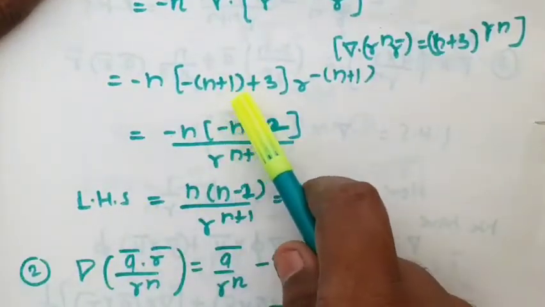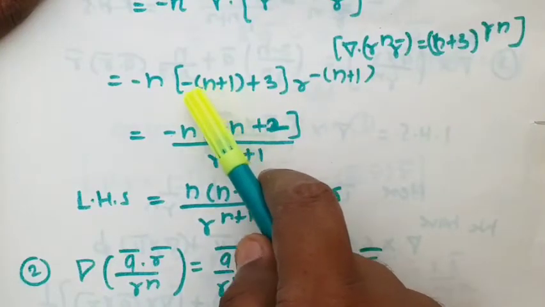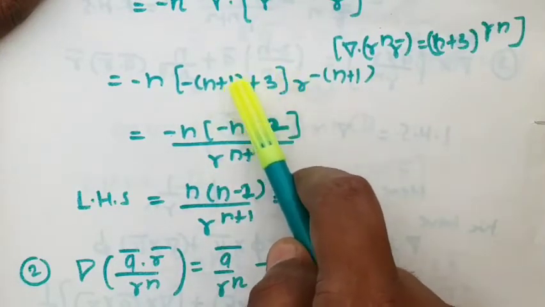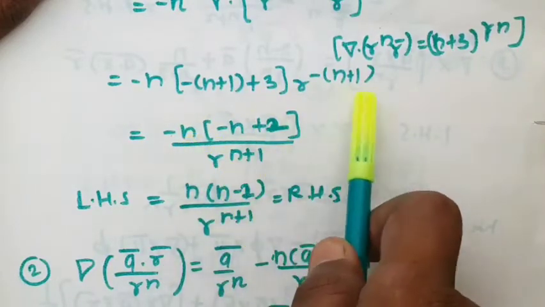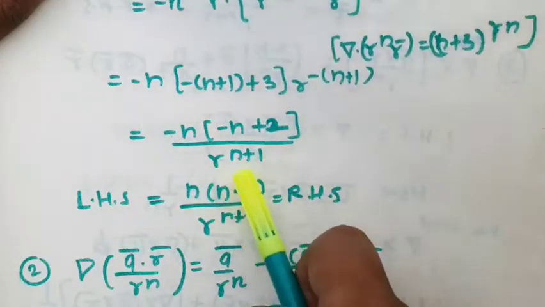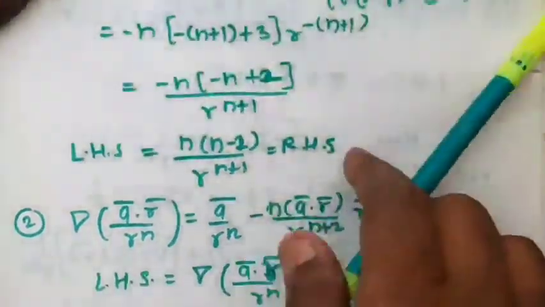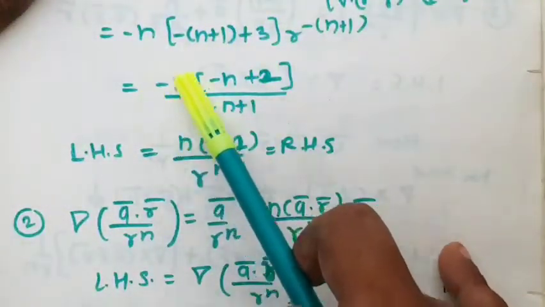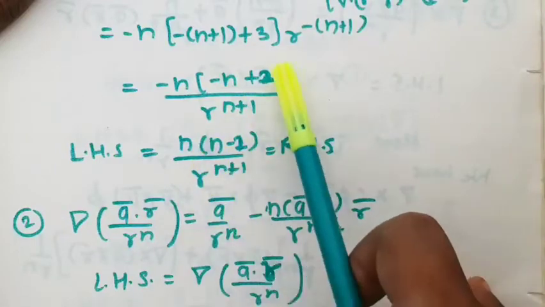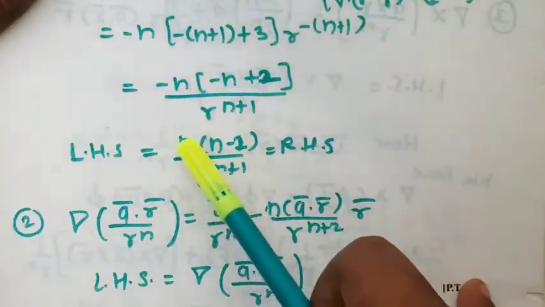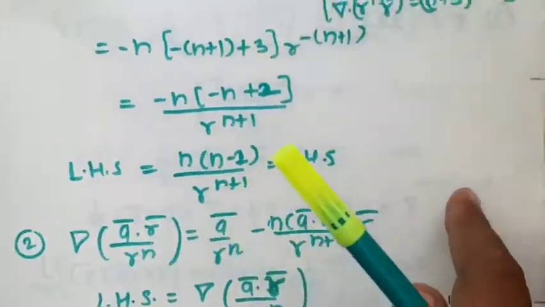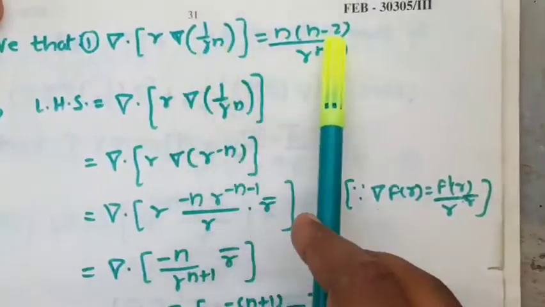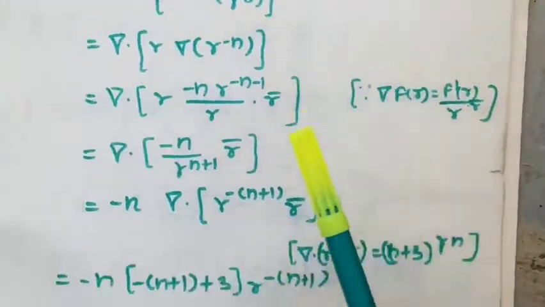Now minus n, if you multiply inside, you will get minus n minus 1, 3 minus 1 is plus 2, and minus n as it is, and this minus n also outside. Divided by, again I have written in the denominator r raised to n plus 1. Now just by multiplying by this minus sign inside, this n will become positive and this 2 will become negative. So we have n into n minus 2 divided by r raised to n plus 1, which is the required right hand side of the given identity. You can see that n into n minus 2 by r raised to n plus 1.